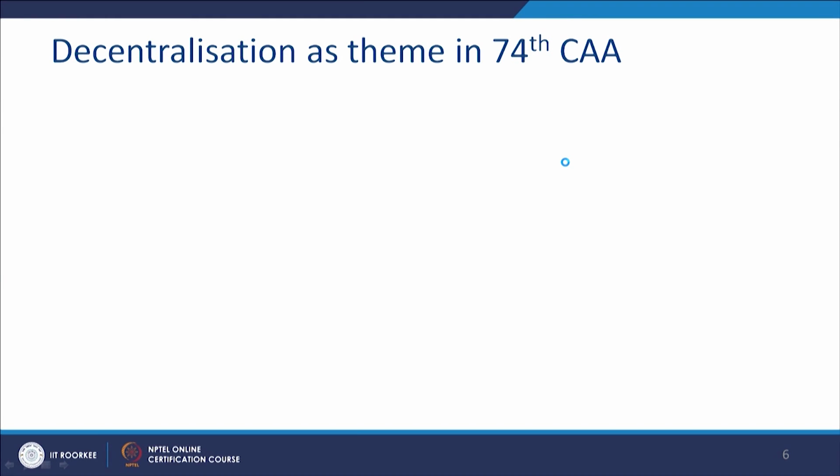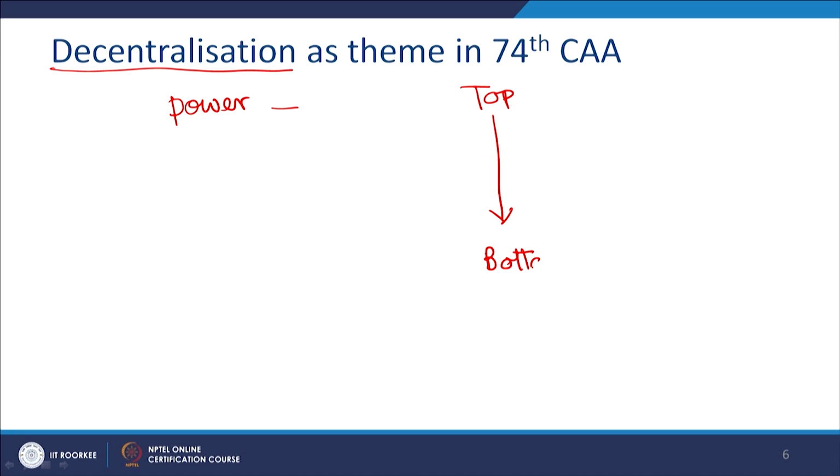Under this 74th Constitutional Amendment Act, the key theme for the Amendment Act is decentralization. Now, when we say decentralization, it is the opposite of centralization. That means the decentralization of power from top to bottom.